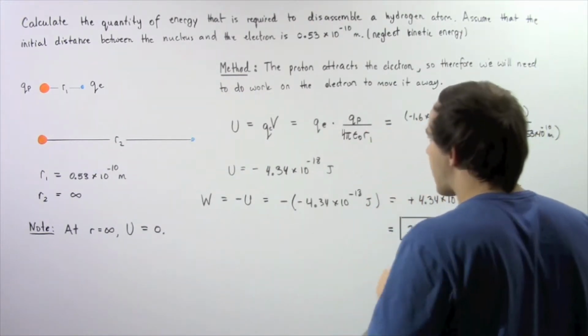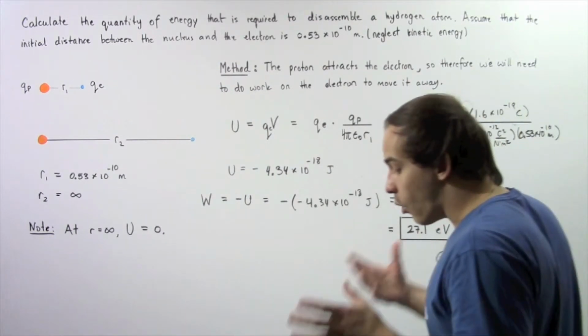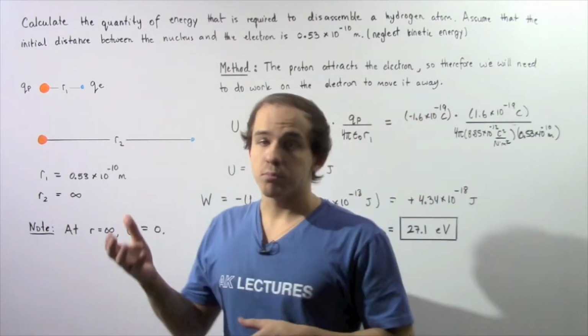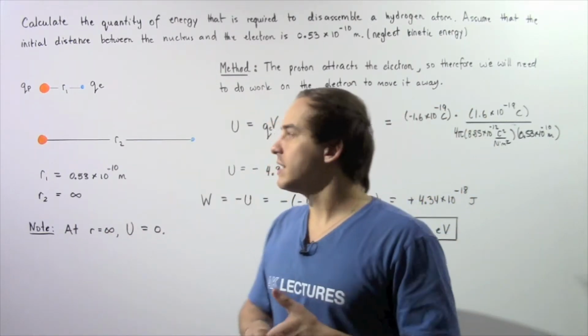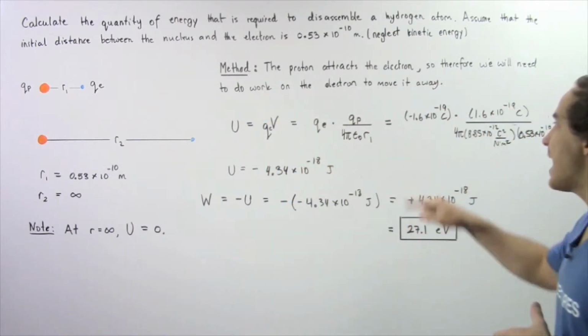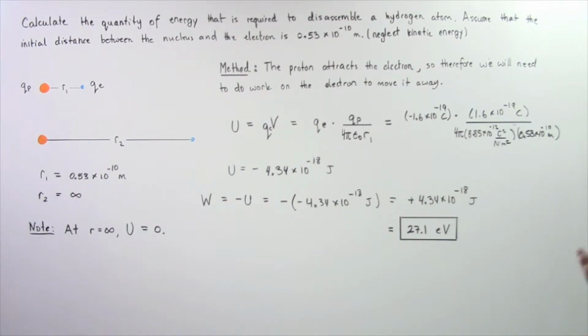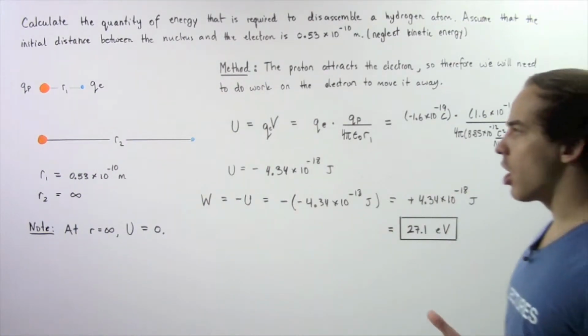Now, we plug in our quantities. We know the quantity of electric charge on the proton and electron is exactly the same, but they're opposite in signs. So the electron has negative 1.6 times 10 to negative 19 coulombs of charge, and the proton has a positive 1.6 times 10 to negative 19 coulombs of charge.